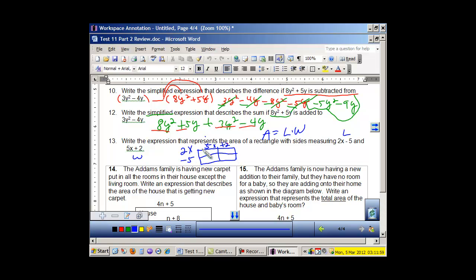So I got 2x times 5x is 10x squared. 2x times 2 is plus 4x. Negative 5 times 5 is negative 25x. Negative 5 times 2 is negative 10. And so I just combine my like terms. Well, 4x minus 25x is negative 21x. And I'm just going to bring down my 10x squared and my negative 10, and I'm done.